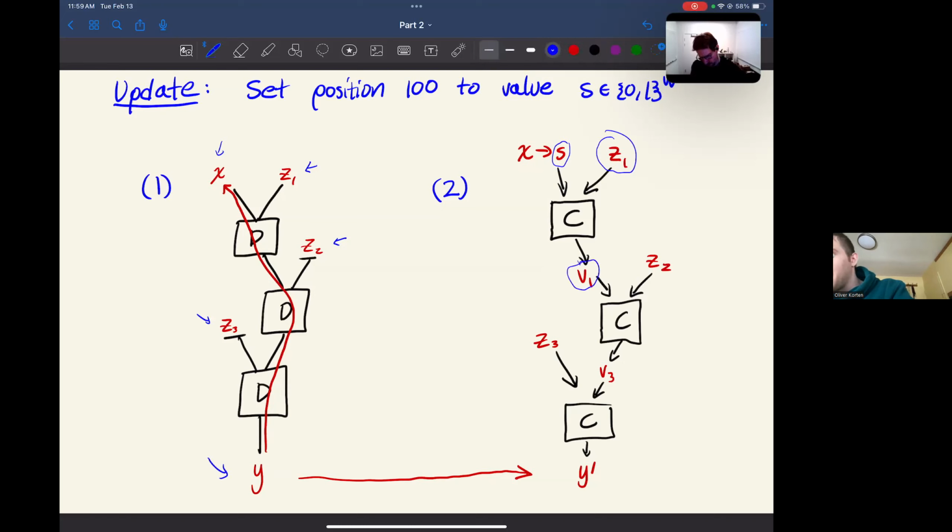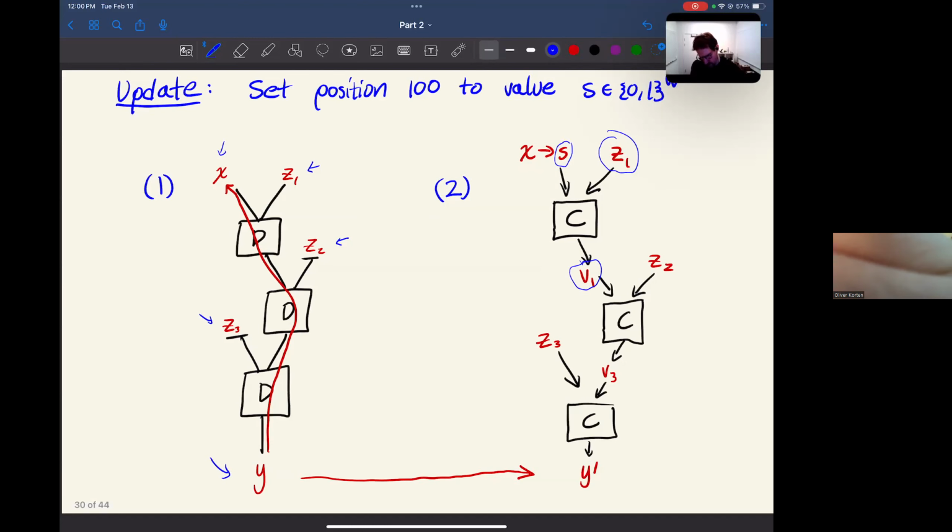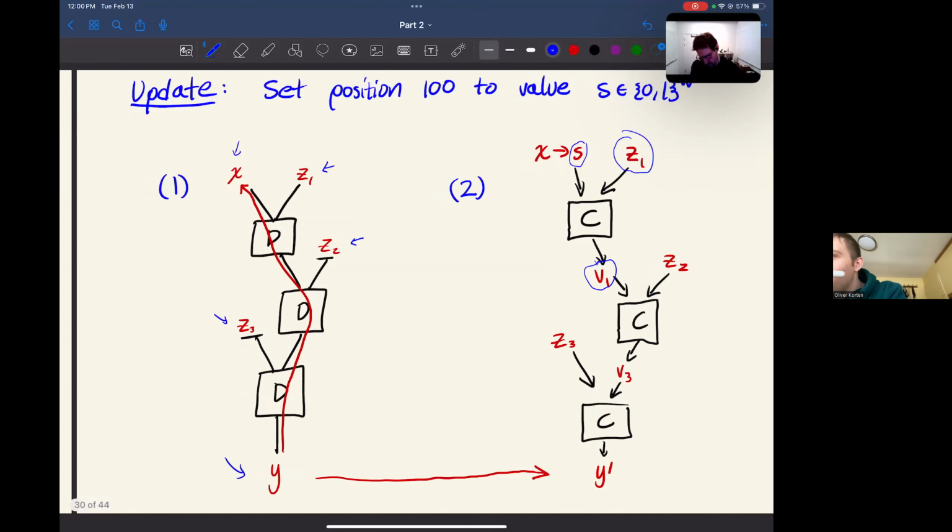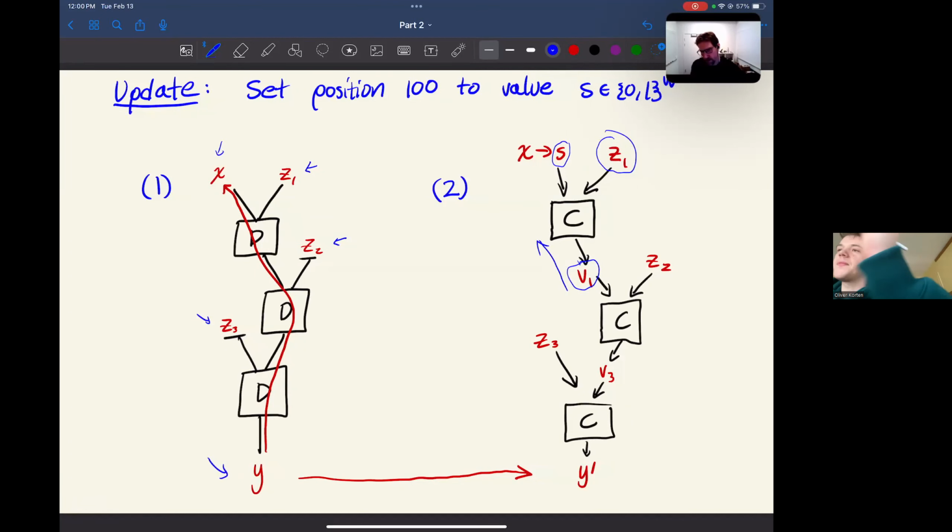The new value I'm calling V. We could think of it in an online fashion: I check whether the compression actually worked. If it did, then fed back through D, I get back S. So I'd be happy.